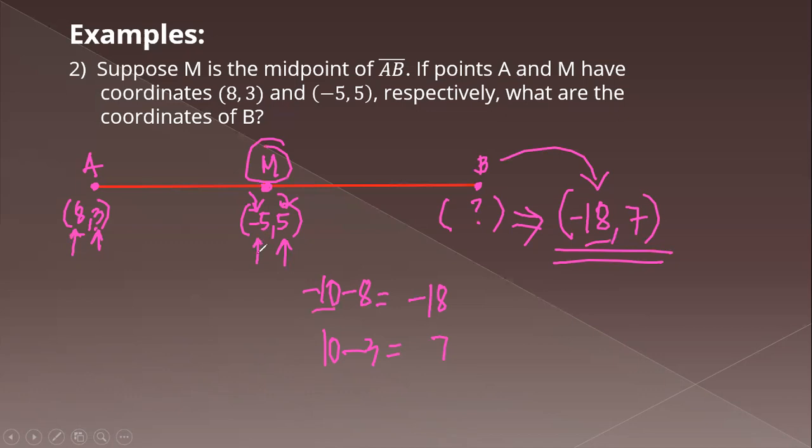Then subtract the x value of the other given point, which is 8. Negative 10 minus 8 is negative 18. Then 5 times 2 is positive 10, minus 3 is positive 7. So this is the coordinate of the unknown point. That is analytical solving only.